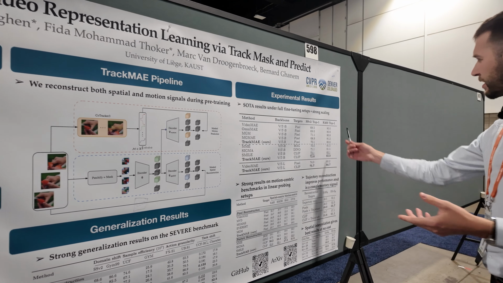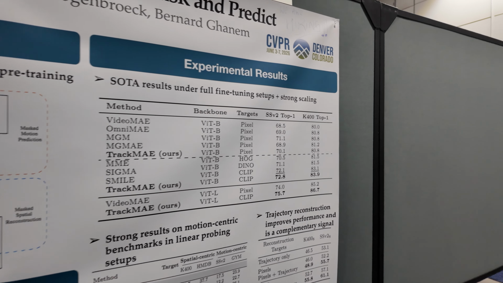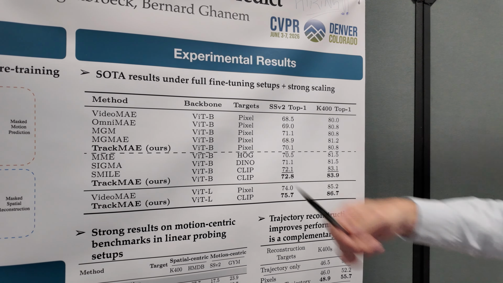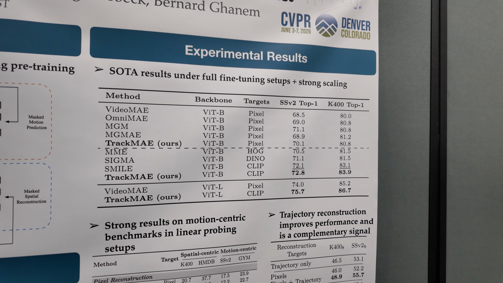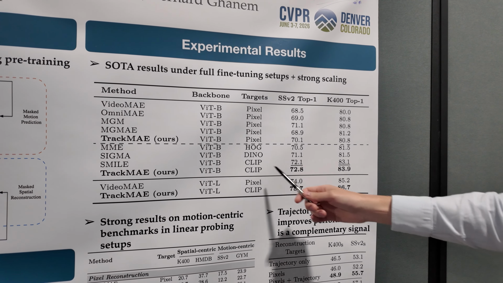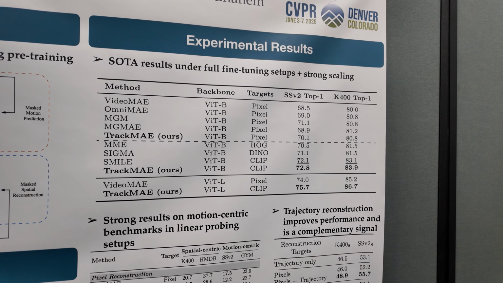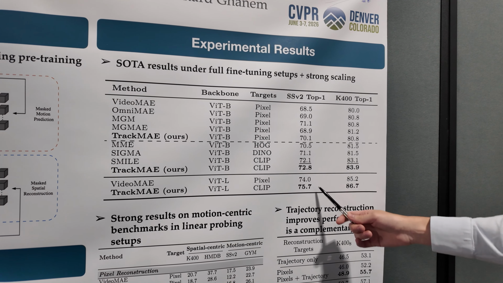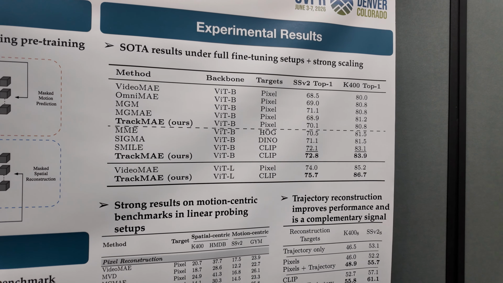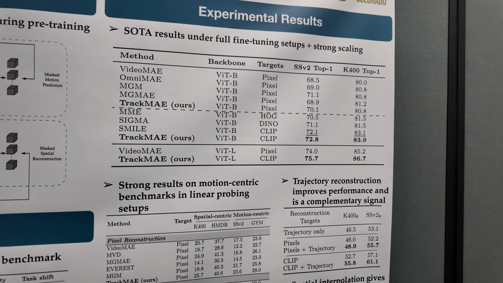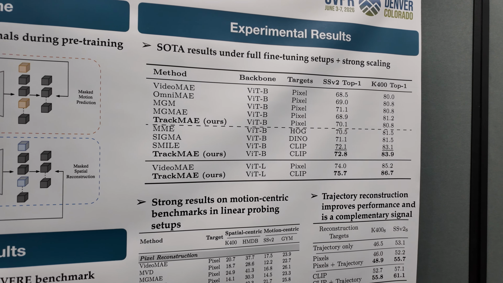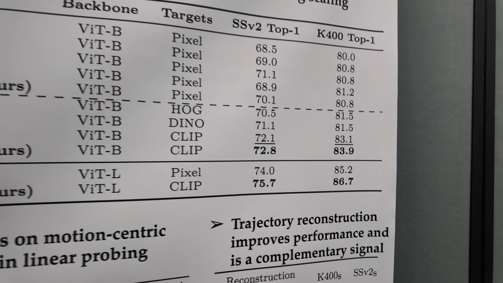So if you look at the results that we have, for the full fine-tuning setup on Something-Something V2 and Kinetics-400, we are state-of-the-art for ViT-Base, and if we scale the model to a ViT-Large, we also beat the VideoMAE baseline by good numbers.